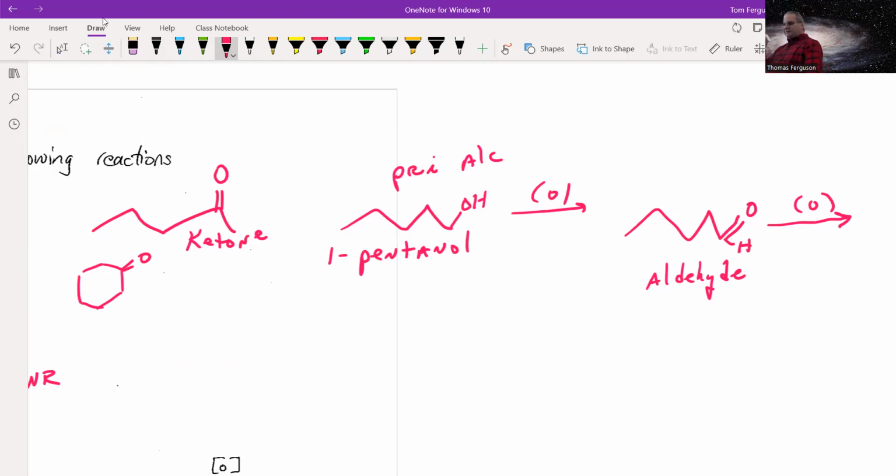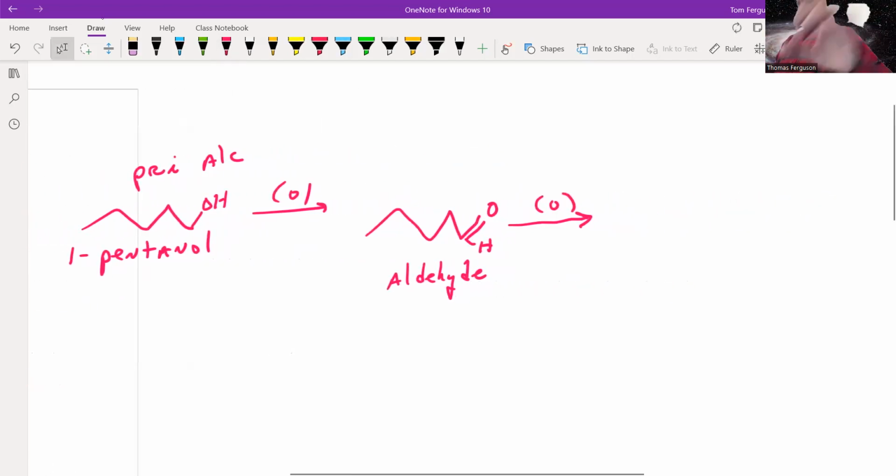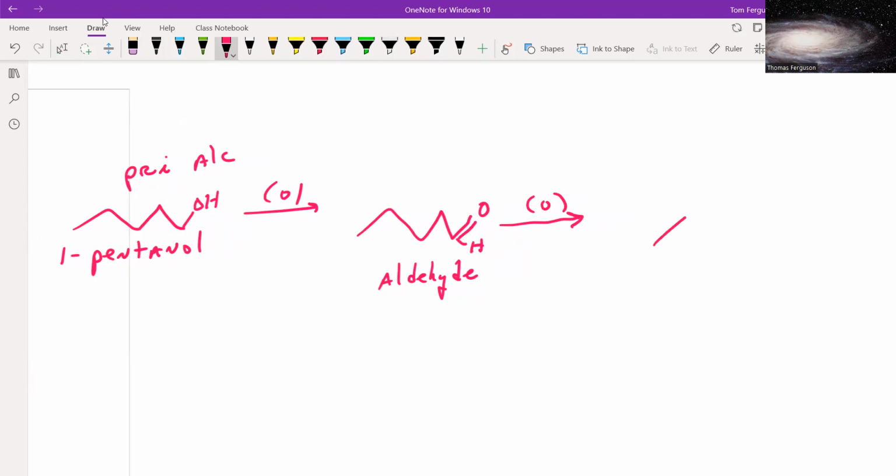And because there is a hydrogen there, with the aldehyde, it can be oxidized once again, and then it goes to the acid.